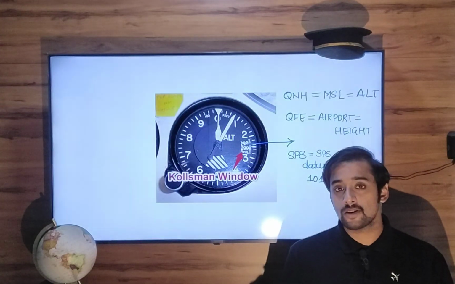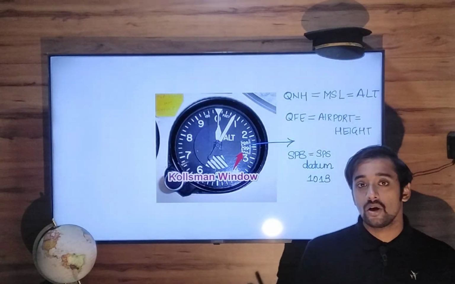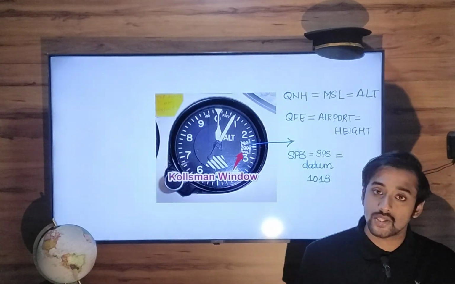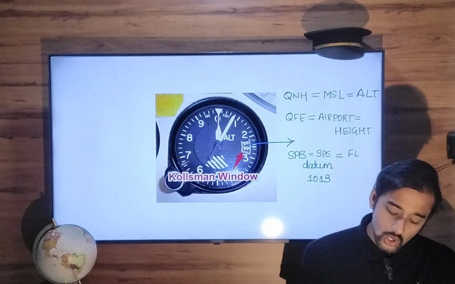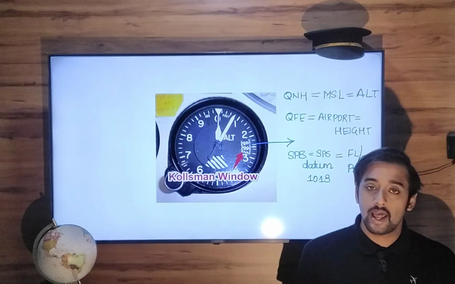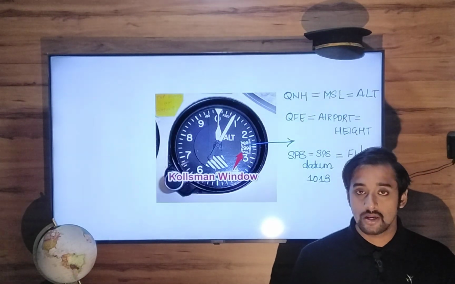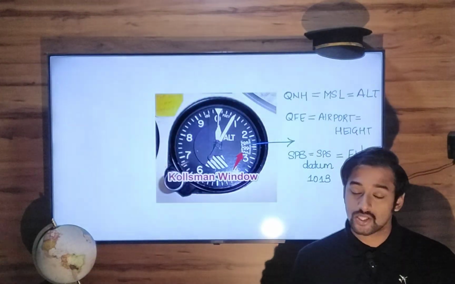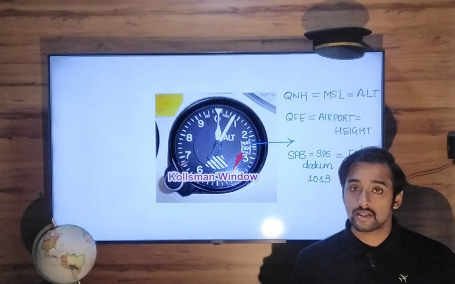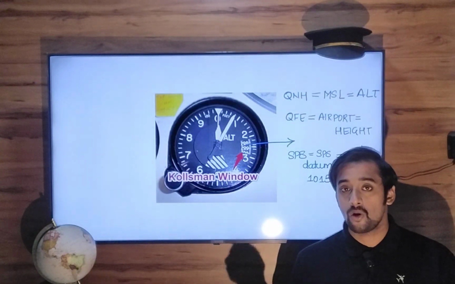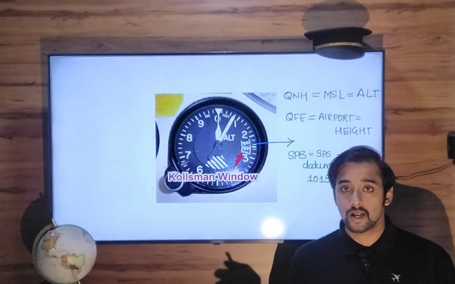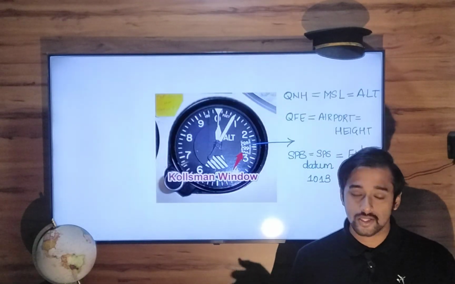So all your vertical distances will be measured from the 1013 pressure level, and those vertical distances are called flight levels or pressure altitude. Flight level or pressure altitude. This demonstrates the fact that your vertical distance depends on the pressure setting that you put in the pressure setting window and nothing else.